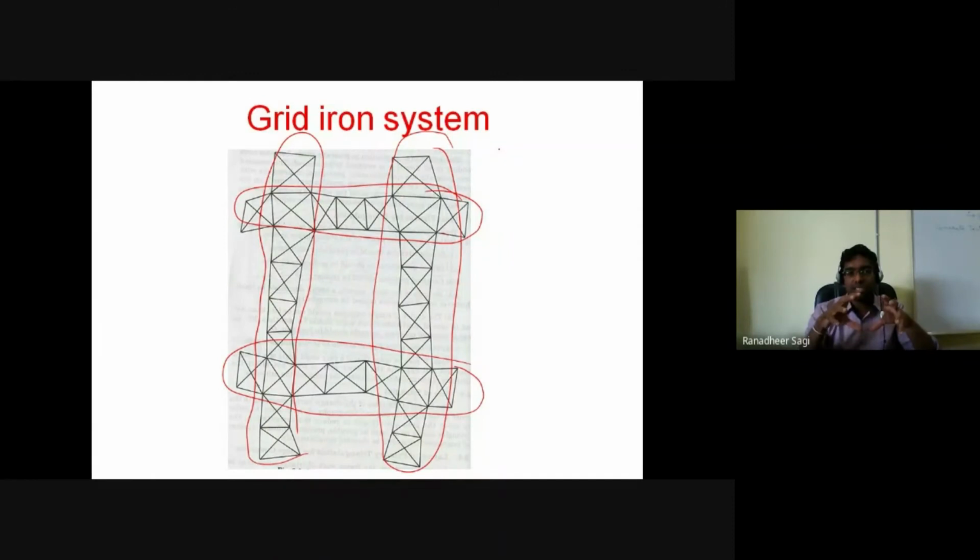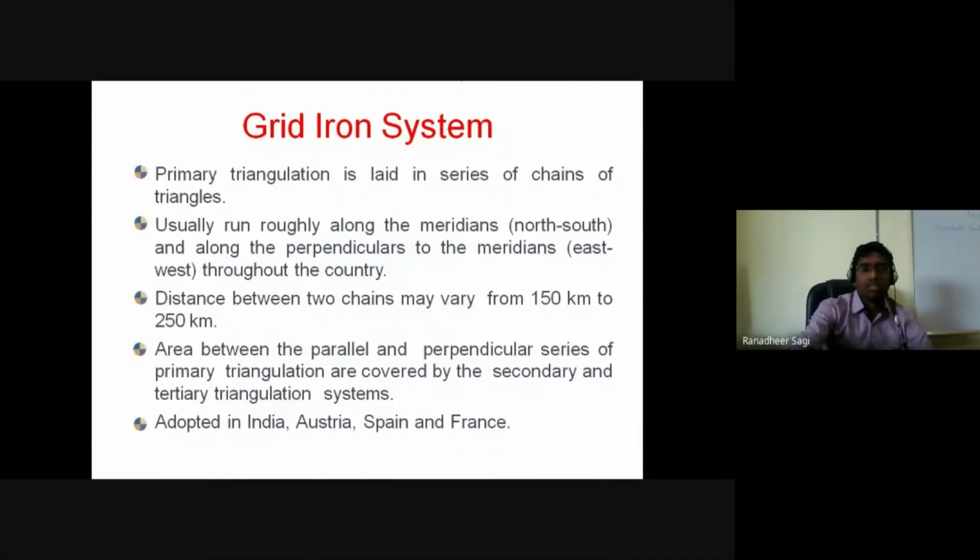Centered system, in the sense, you have more densification at the center, which is subsequently spread over in all the other directions. This primary triangulation is laid in series of chains of triangles, not just in one direction, in the other direction also, but in a proper pattern.